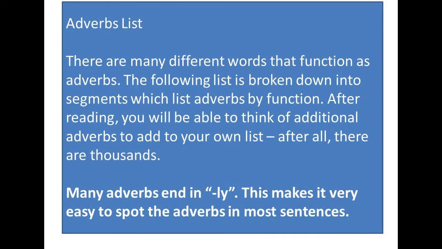Adverbs list. There are many different words that function as adverbs. The following list is broken down into segments which list adverbs by function. After reading, you will be able to think of additional adverbs to add to your own list. After all, there are thousands. Many adverbs end in "ly."